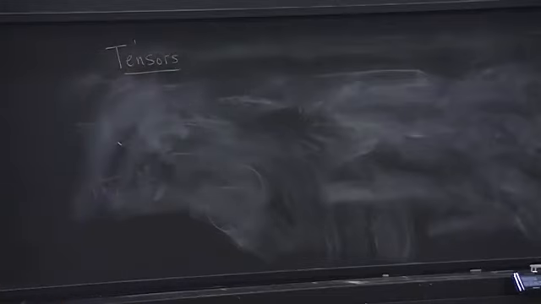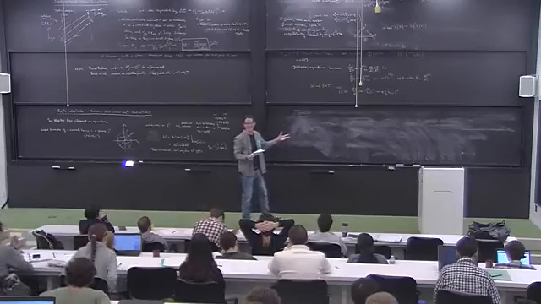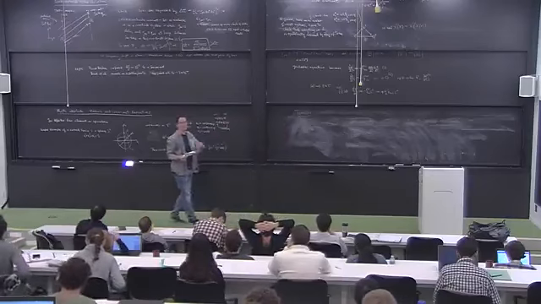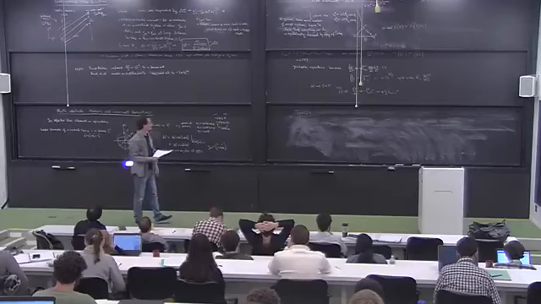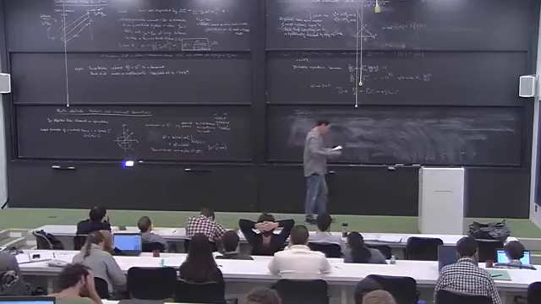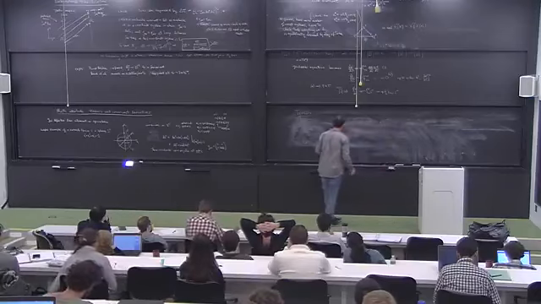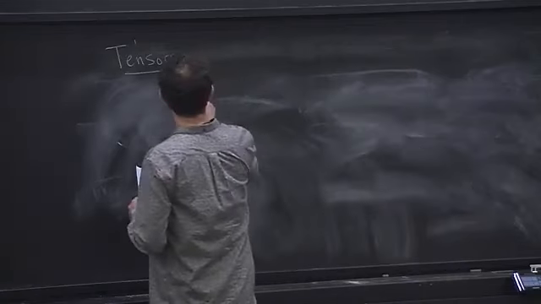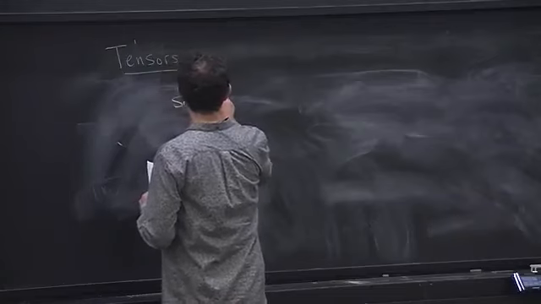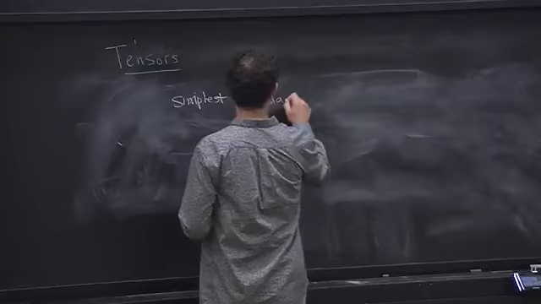Okay, so tensors are objects like this, whose actual value in any coordinate system doesn't mean anything on its own, okay, because you can transform them to any other coordinate system. But they're objects which live on this curved manifold. So the simplest tensors are scalars.